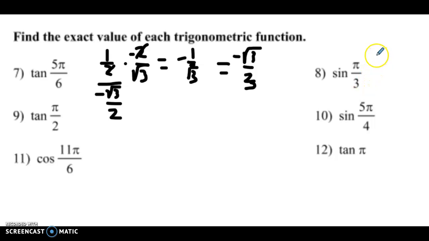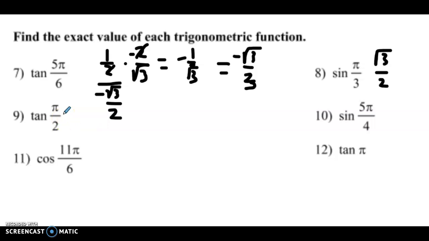So it is just square root of 3 over 2. Okay, now sine is typically opposite over hypotenuse, but where the hypotenuse is always just 1 in a unit circle, then we don't have to worry about that there. It's just the y value.